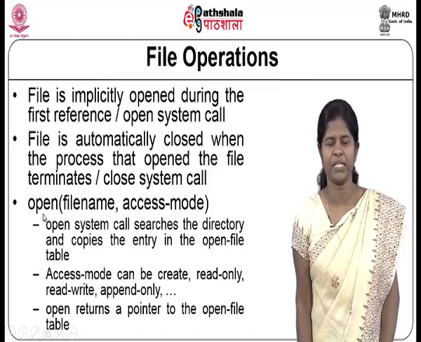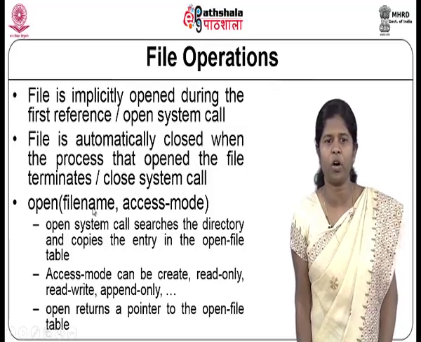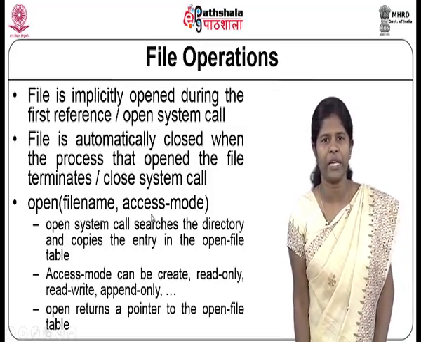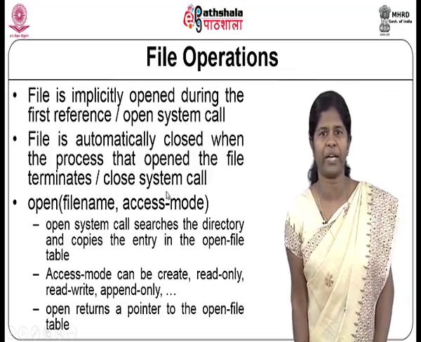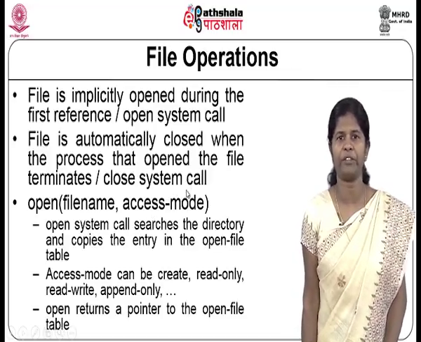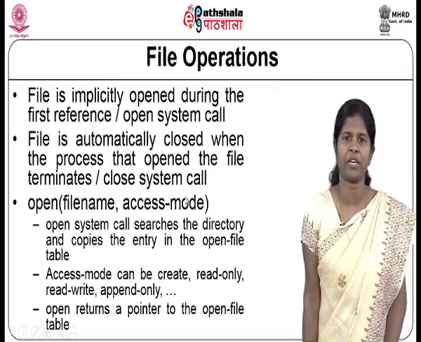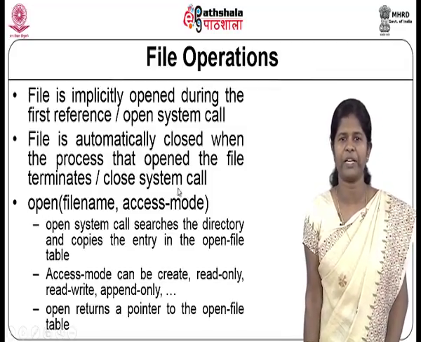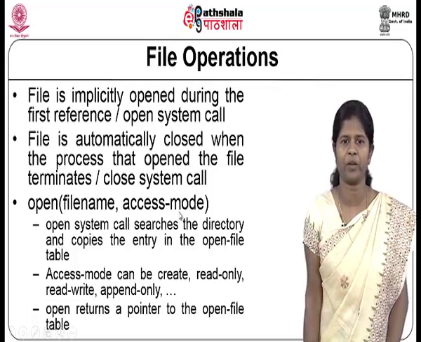Now, this is the general syntax for any open call. It will take the file name and the access mode, that is the mode in which you want to open the file, like if you want to open the file for reading or writing or read and write, and so on. You can specify that as well when the file is being opened.